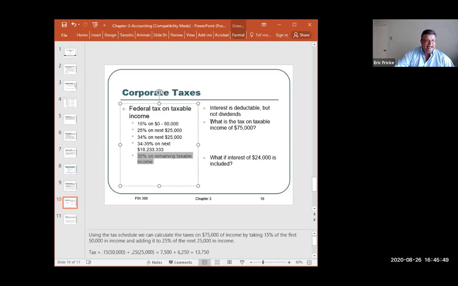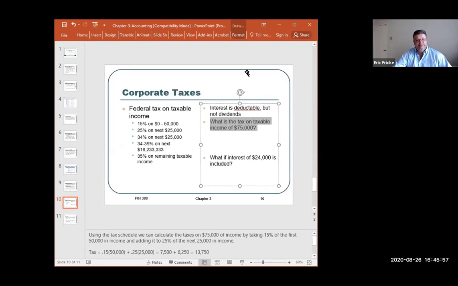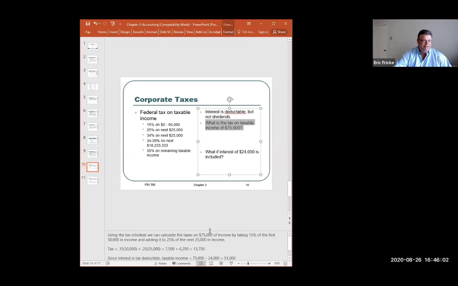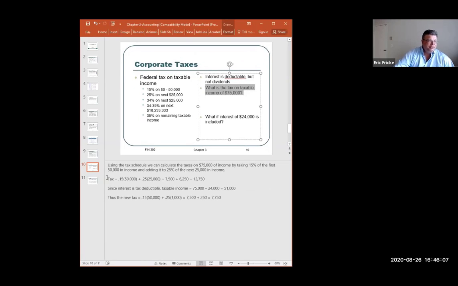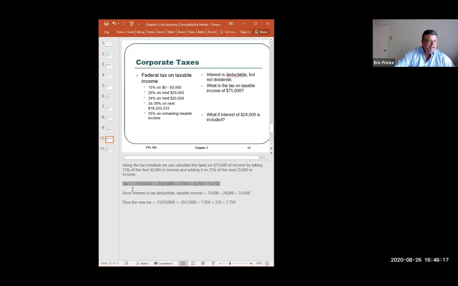Let's say we've got taxable income of $75,000. Calculate the tax on $75,000 of income. What would that be? Here's the calculation right here. Here's the first $50,000 of income, and we pay 15% of that.